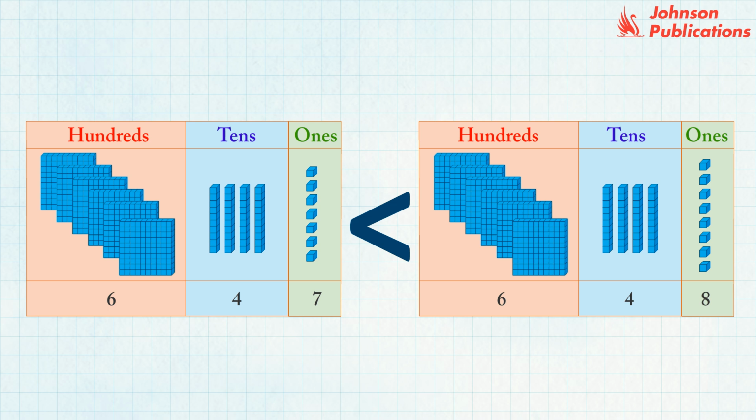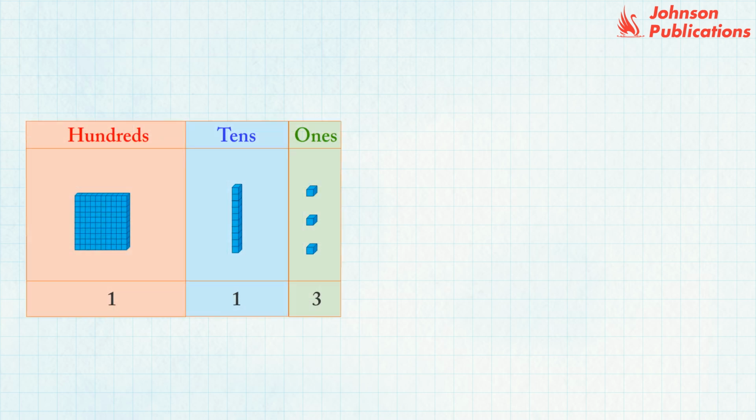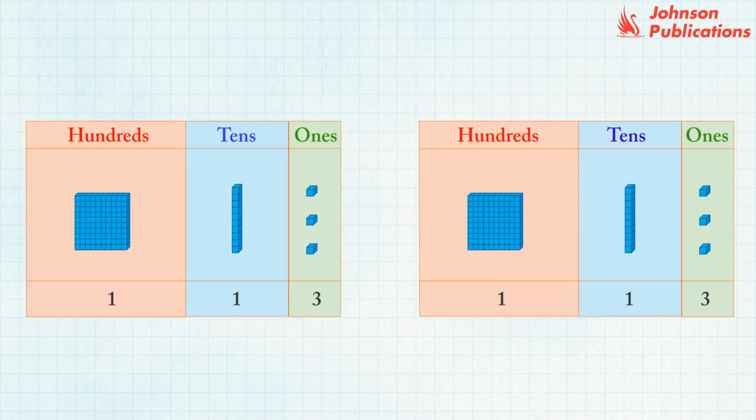We learn that if digits at hundreds and tens place are the same, then compare the digits at ones place. Let us now compare 113 and 113. Here 113 is equal to 113. Thus, if two numbers have all digits exactly the same, the numbers are equal.